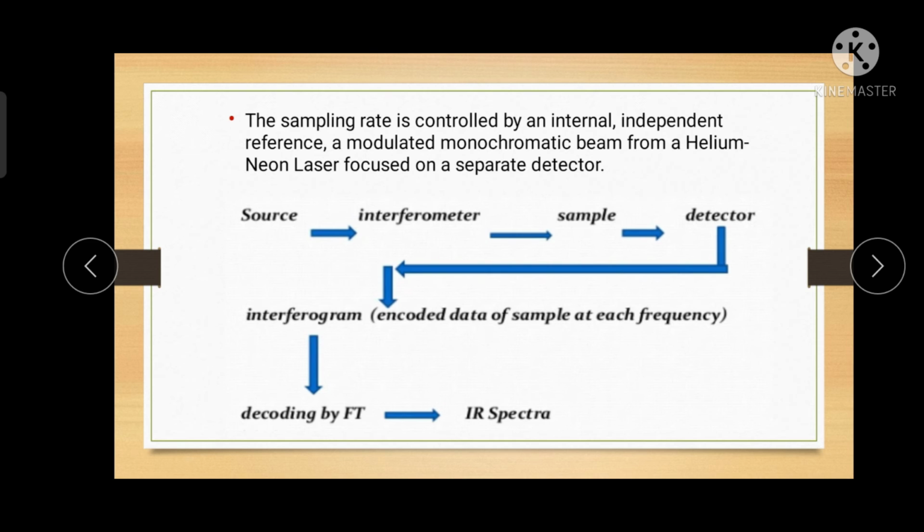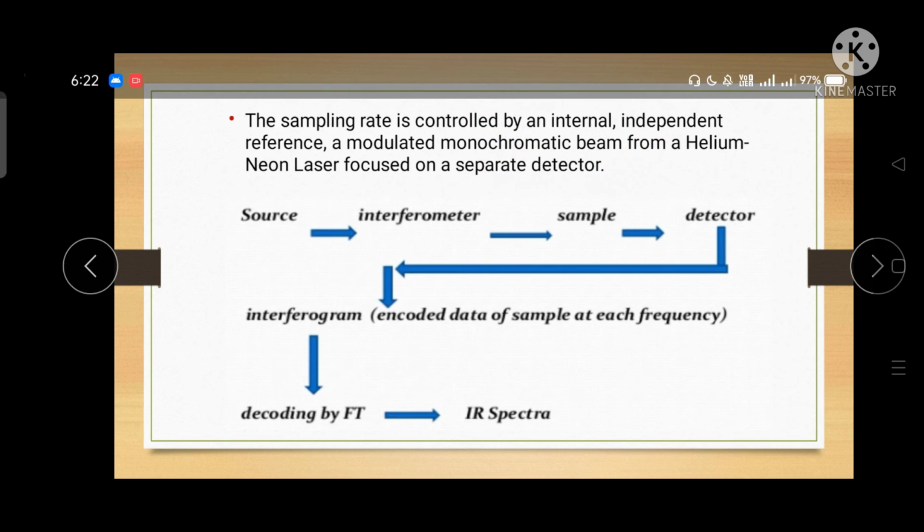A modulated monochromatic beam from the helium neon laser is focused onto a separate detector. This is a different detector from the one we use in FTIR spectroscopy, and all of this happens internally.